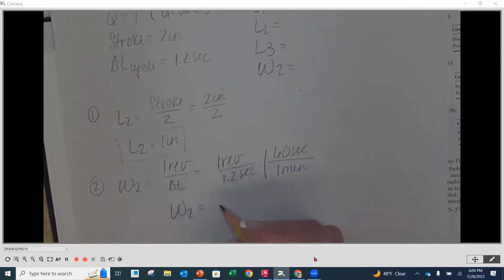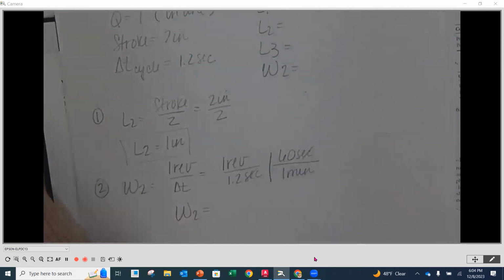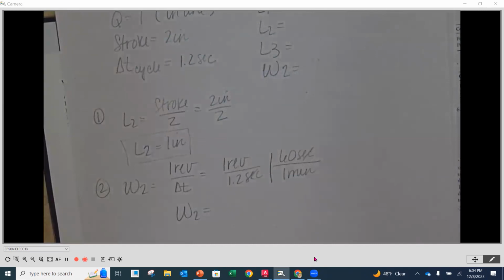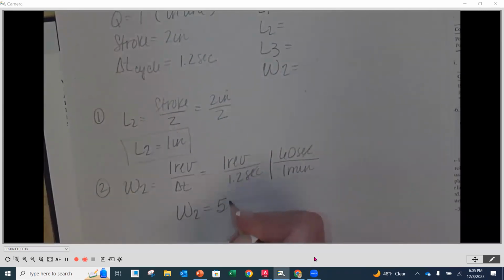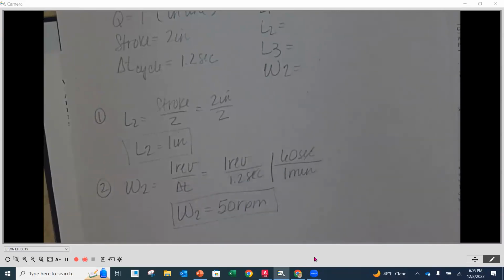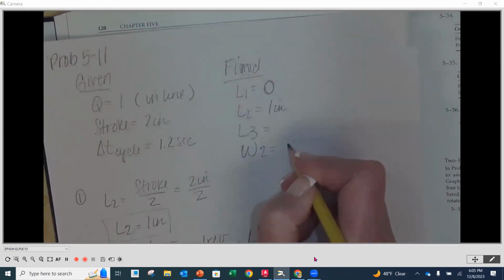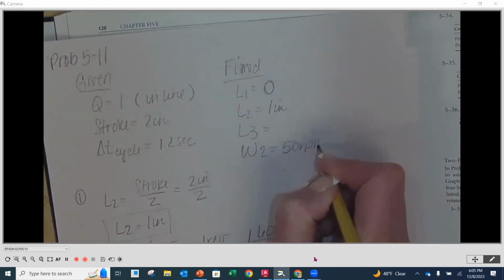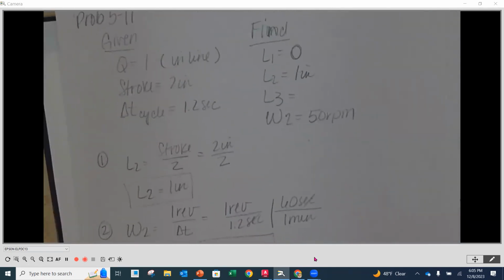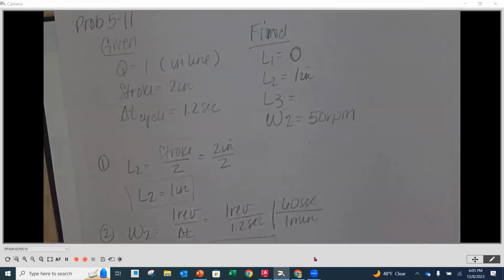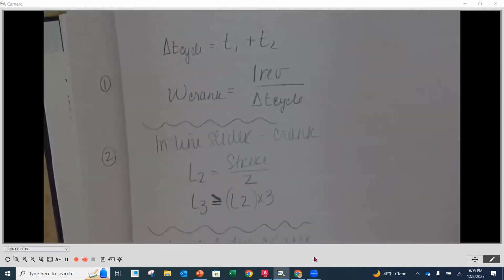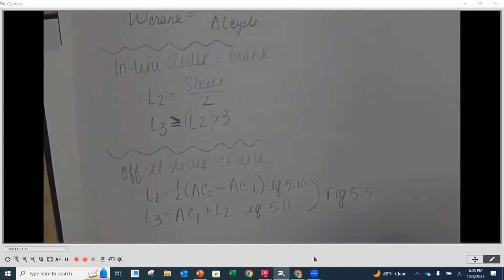And our W2 is 50, yeah. And that's going to be RPMs. Okay. So we've got basically the length of number 2 is going to be 1 inch and 50 RPMs for our W2. Now, is there anything that we can say about W3 or L3?